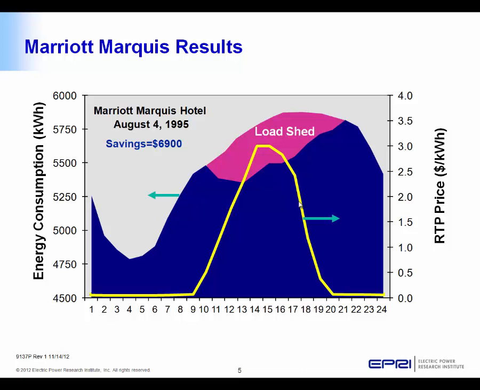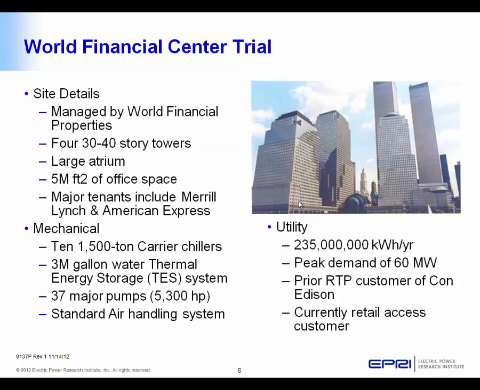As the prices rose during the hottest part of the day, we sent those signals to the hotel. And here on one day, because of the ability to move some load around, shed some, reorganize some uses, we saved that Marriott Marquis Hotel $6,900. More importantly, we reduced the peak demand on the New York power system at the time.